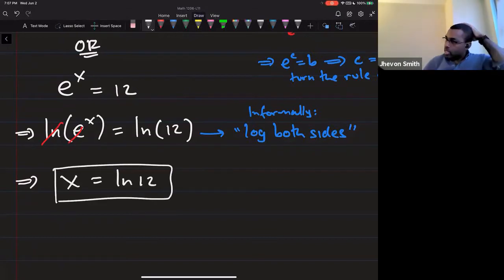Conceptually, I think it's easier to think of it as doing that operation, kind of like moving things to the other side of an equal sign. Oh, I see a +2, I -2, because minus is the inverse operation of plus. Similarly, if I have an exponential and I want to get rid of it, I can log it because log is the inverse of the exponential. So yeah, you can get to that by logging both sides.